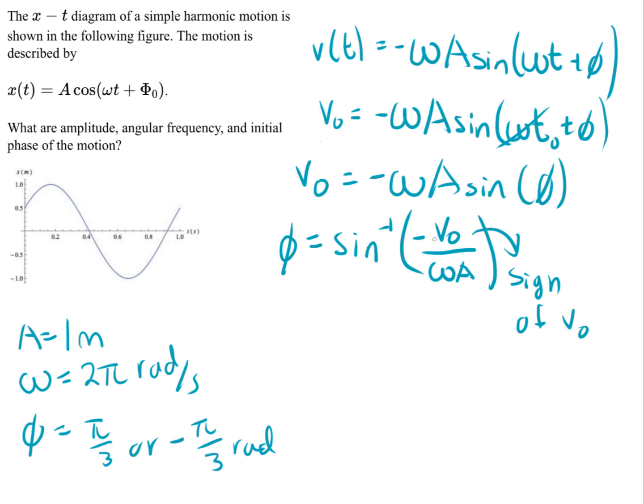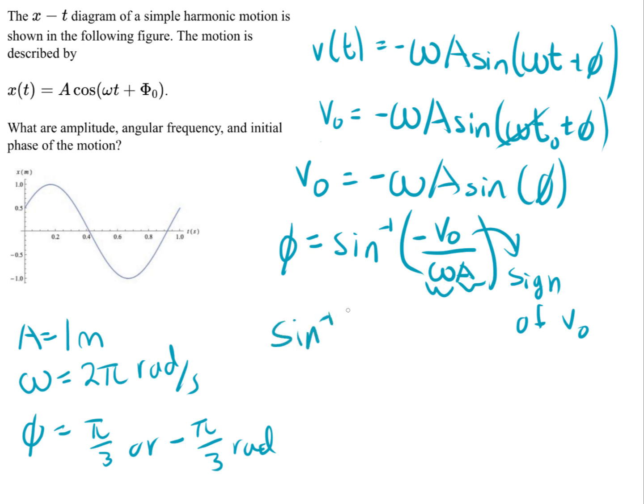And since the initial sign is positive, these two will not cancel out. We've calculated omega, the angular frequency, to be positive, and the amplitude is also positive. So if the initial velocity is also positive, there will be nothing to cancel out this negative sign here. So this whole expression will be a negative value.